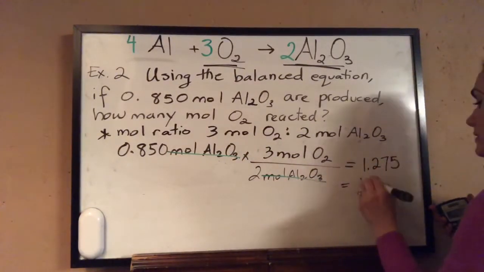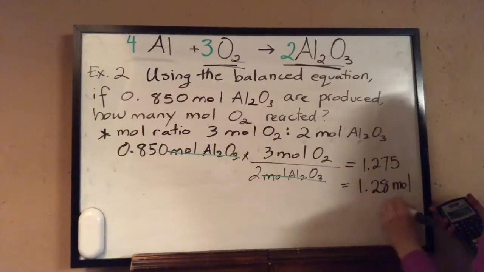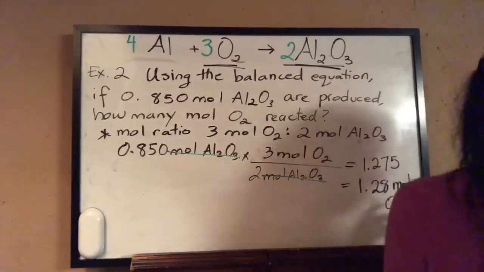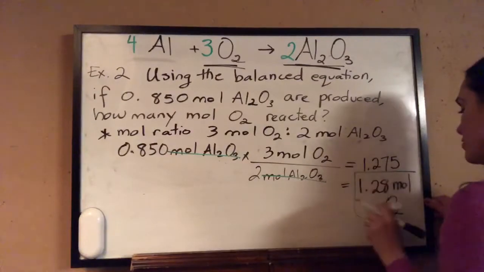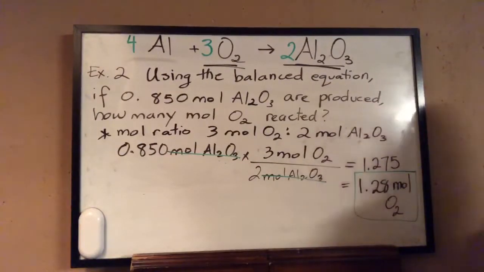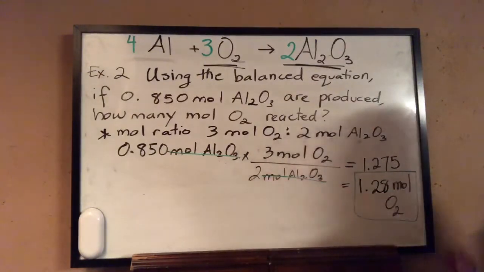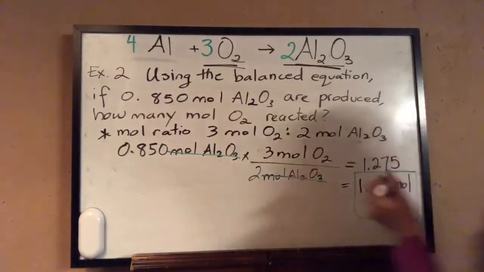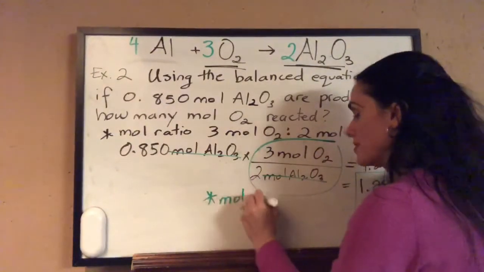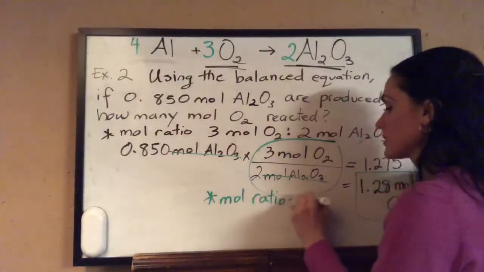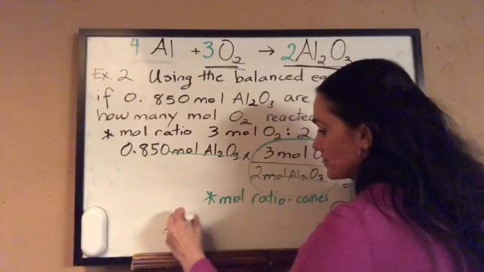Okay, if we were picky with significant figures, 1.28 moles of oxygen. 3 significant figures in our initial measurement, 3 significant figures in our final answer. The mole ratio, okay, exact numbers. So just to emphasize again, this is the mole ratio. Comes directly from the coefficients of the balanced equation.